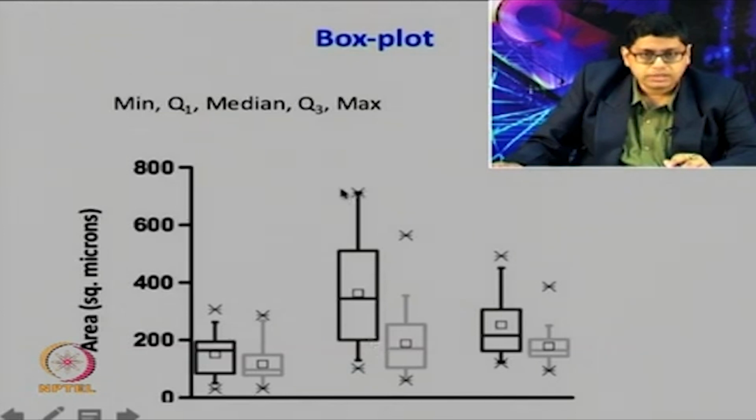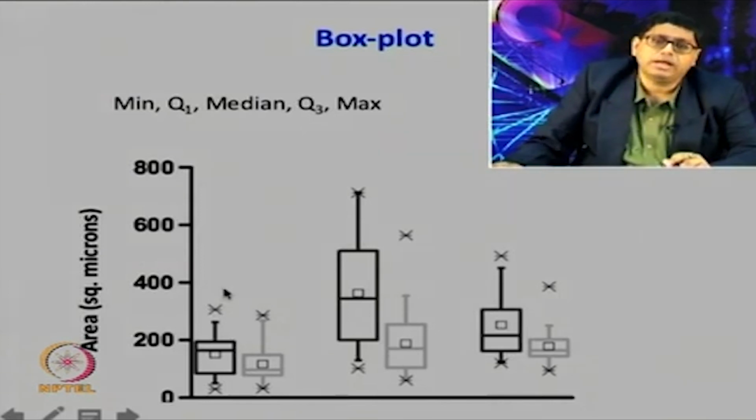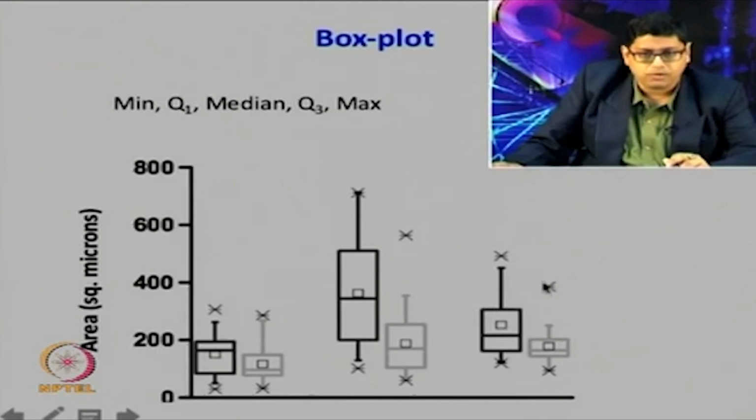This point coincides with the maximum value of the distribution, but this point, and for that matter this point, lie much outside the box limits. These points are examples of outliers, and it is not surprising that many experimental data have outliers. The square inside the box denotes the mean.